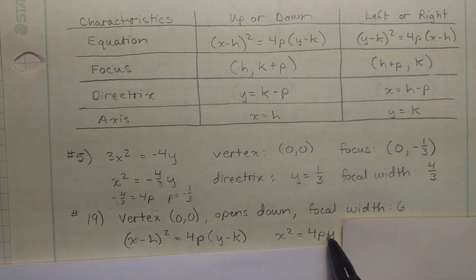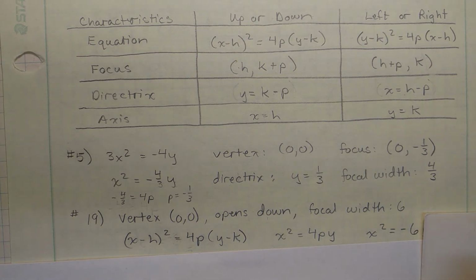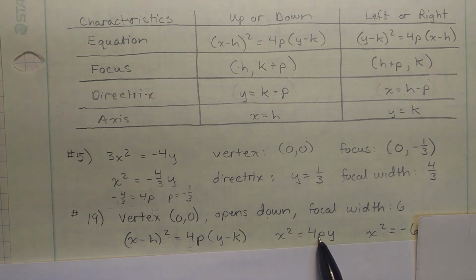So this 4p has to be equal to 6. So I put 6 in for 4p, but since it opens down, the p has to be negative, so it's going to be negative 6 times y. So I have x squared is equal to negative 6y. And that's my equation.